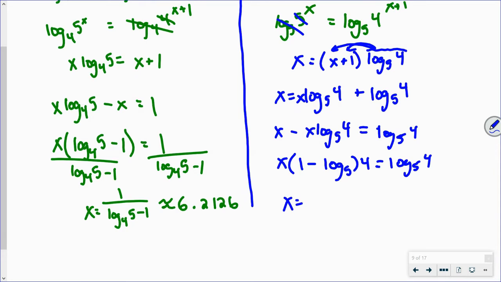So x equals log base 5 of 4 divided by 1 minus log base 5 of 4, which is about, it should be the same, but we'll just put it into the calculator, make sure we didn't make any mistakes.